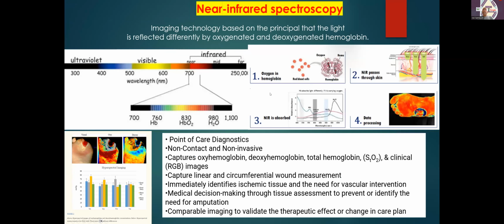Oxygen is diffusing, and this is a non-contact way in which we can capture oxyhemoglobin versus deoxyhemoglobin, and also make a decision regarding the therapy being instituted, whether this could be hyperbaric therapy or continual diffusion of oxygen. We can see if this therapy is validating the changes that are happening. Obviously, this technology appears to be promising for the future.